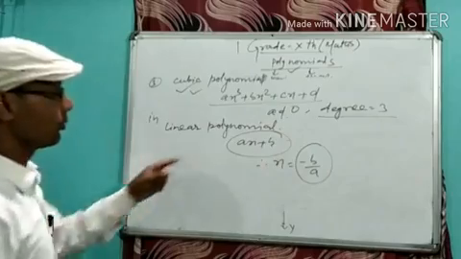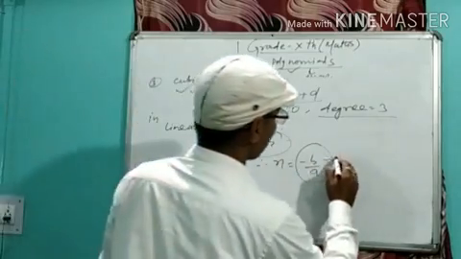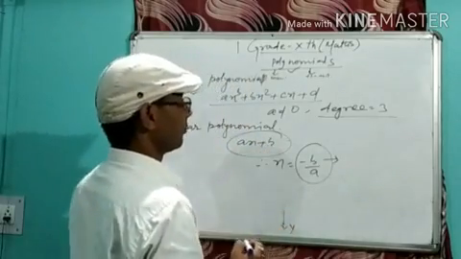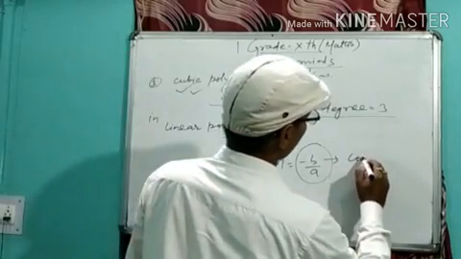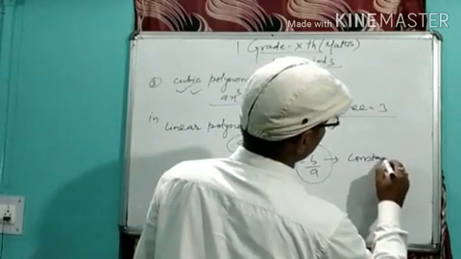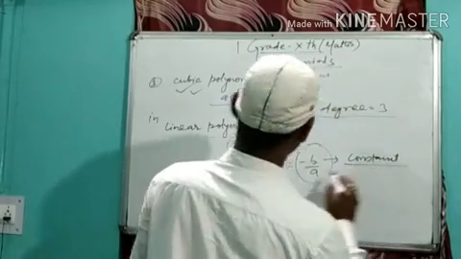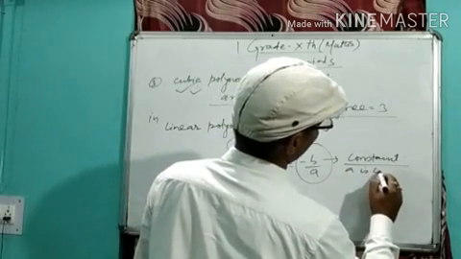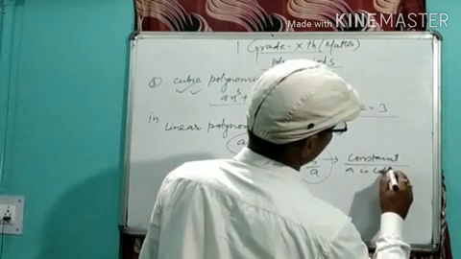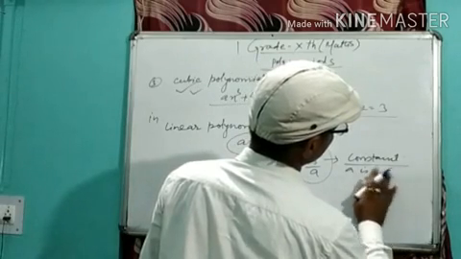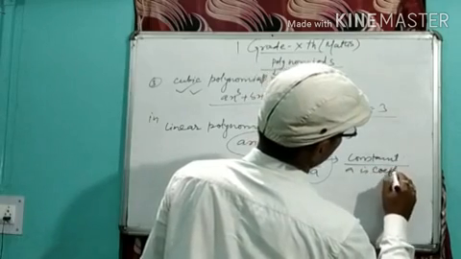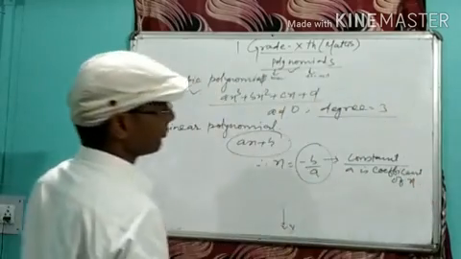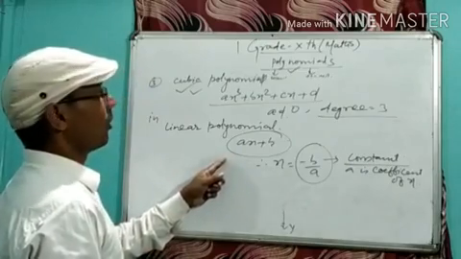This is the zero of this polynomial. What is b here? b is a constant. And what is a? a is the coefficient of x.